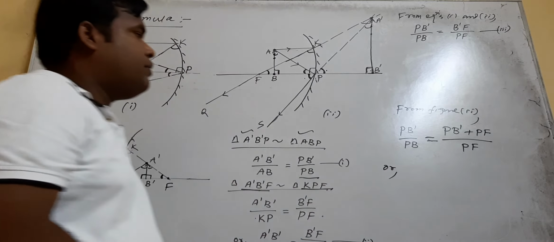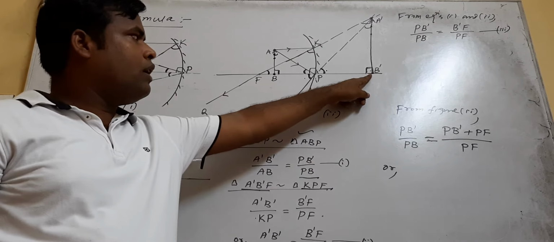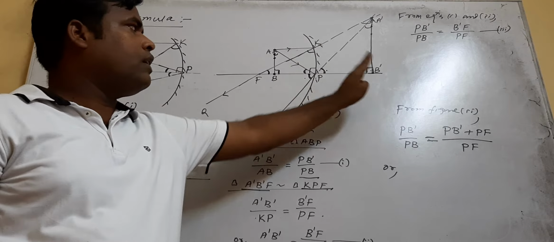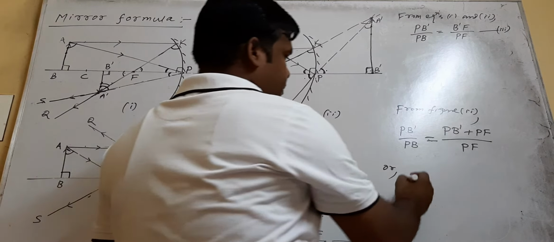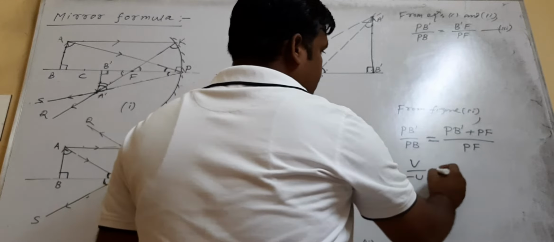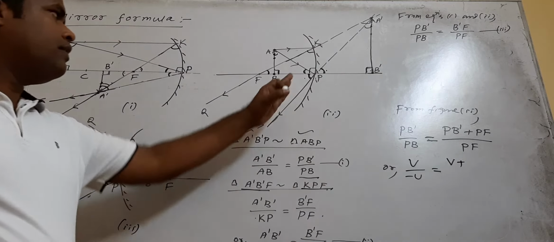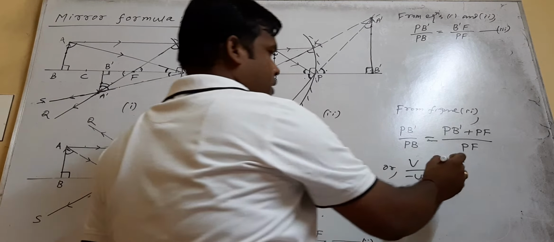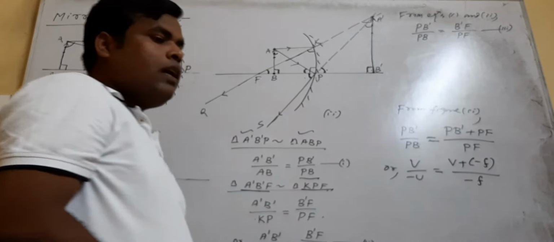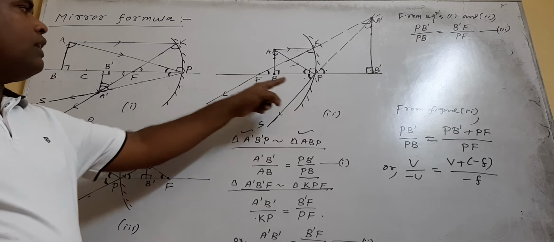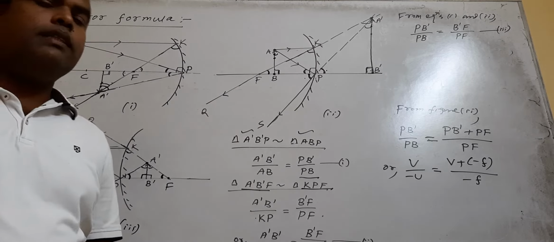Now tell me what is PB'. You see, it is a virtual image, imagined to the right of the pole. With the Cartesian convention, it is plus V by minus U. And you see PF, that is minus F, because it is a left measurement, divided by minus F. So for the concave mirror, you have verified in both cases that the focal length is negative.